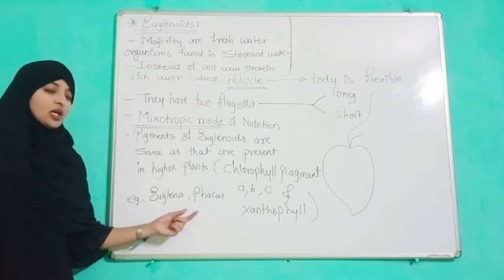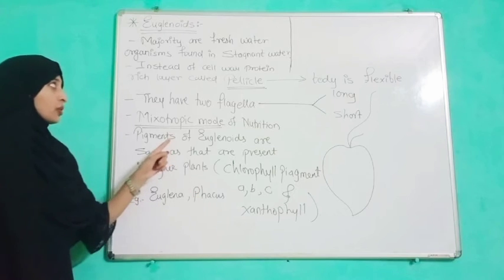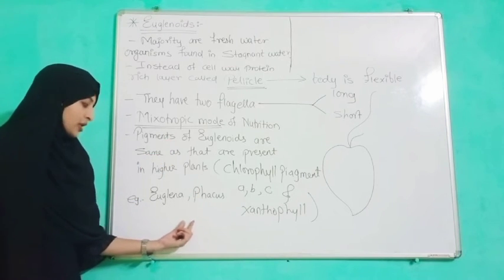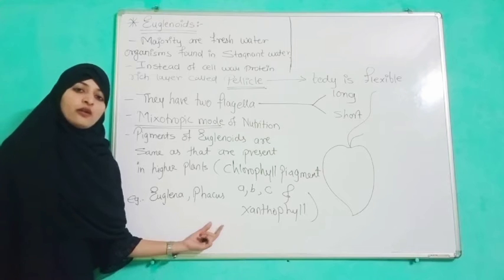Examples: Euglena and Phacus. These are the two organisms given in the textbook, Euglena and Phacus.